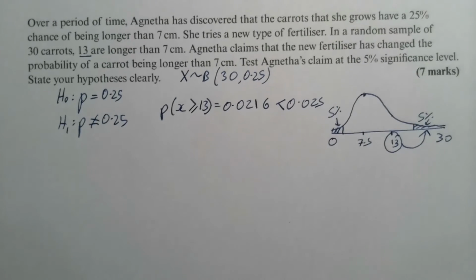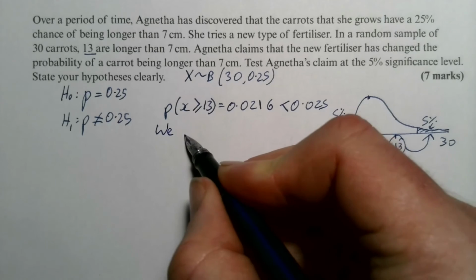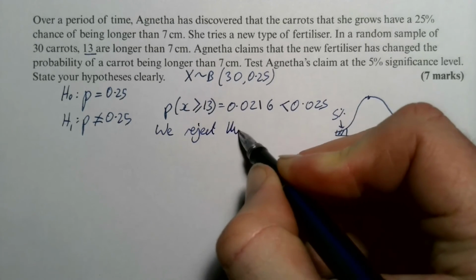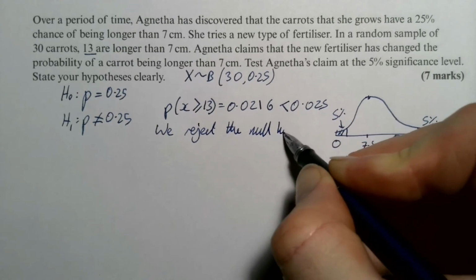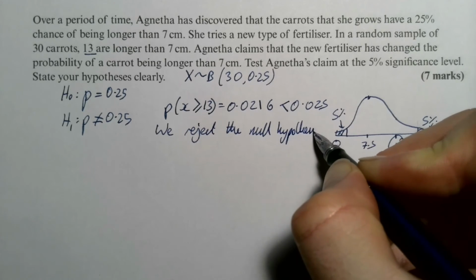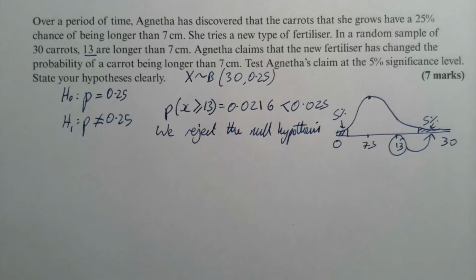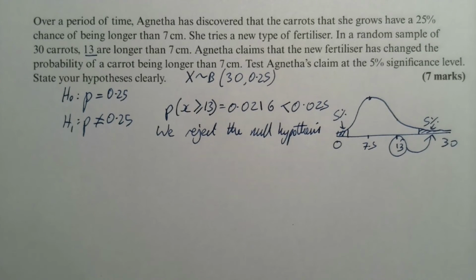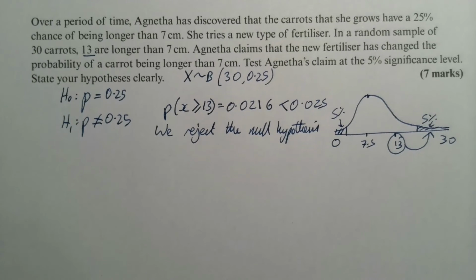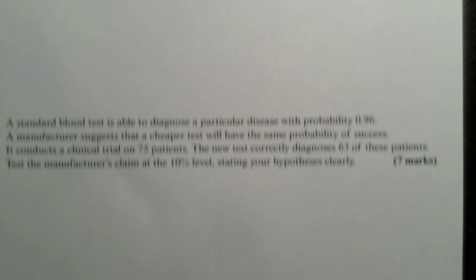So that means that we reject the null hypothesis and say that there is significant evidence to suggest that Agnetha is right and it has changed, the fertilizer has changed the probability. You could actually even go further and say that it has made bigger carrots, hasn't it? Okay. 1 more to go, folks, and here it is.